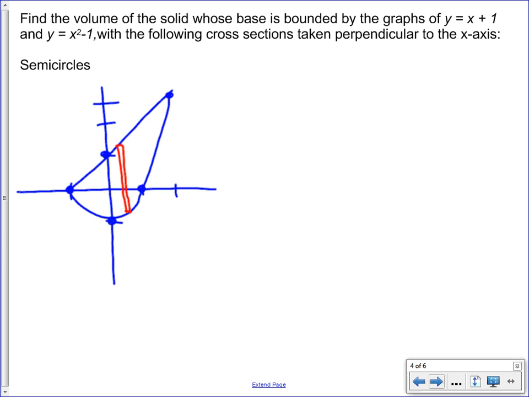Okay, so we still have cross sections that are perpendicular to the x-axis. So we still have integrals with respect to x. Therefore, we're still going from -1 to 2.